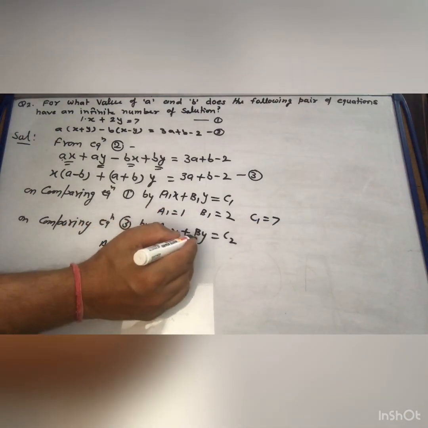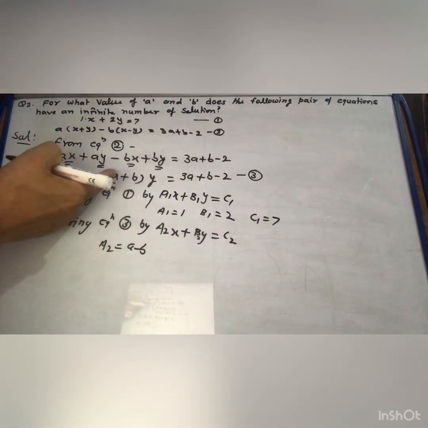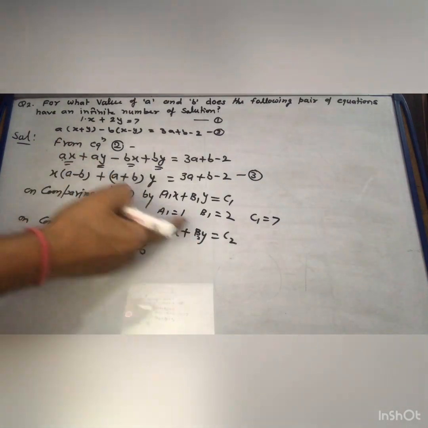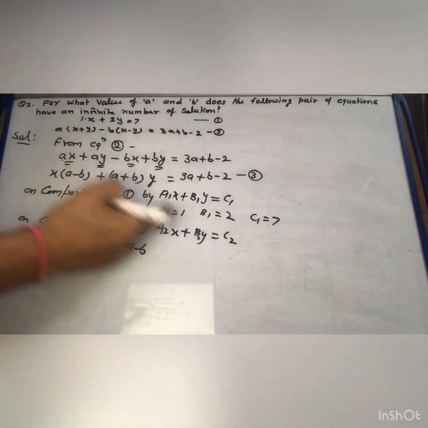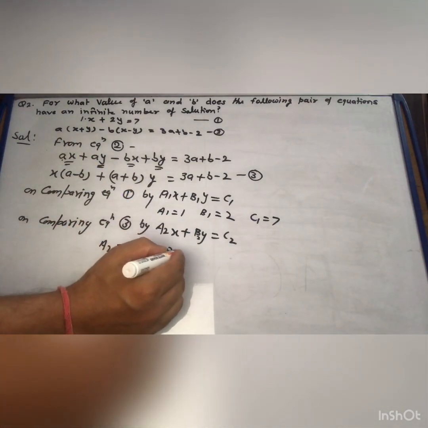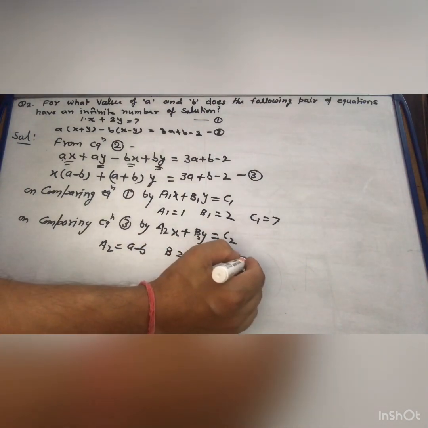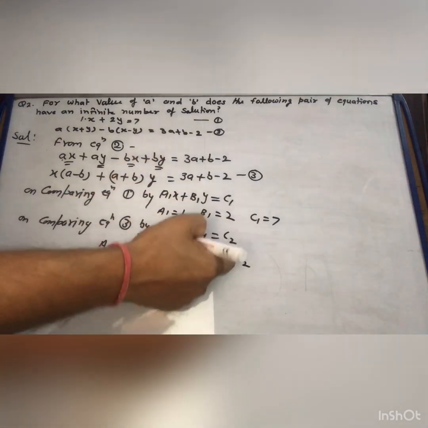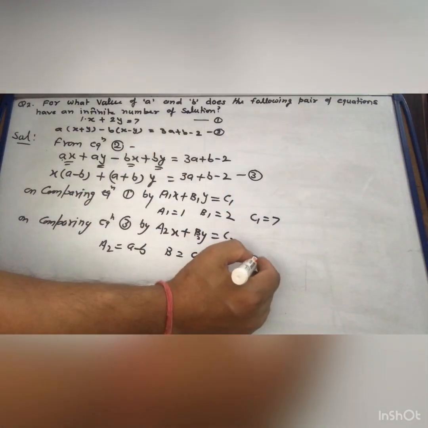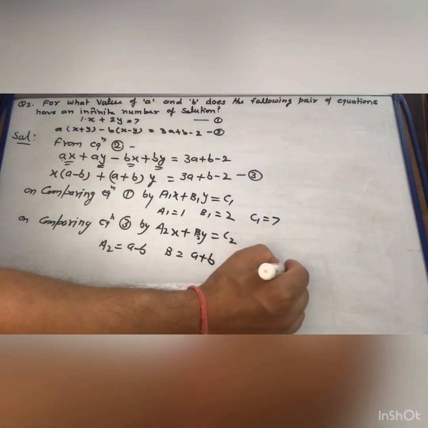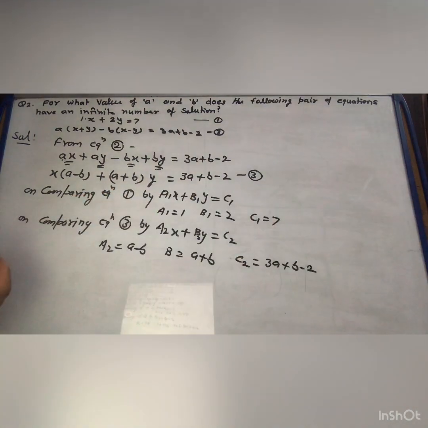And b2 means this is the coefficient of y, so b2 equal to a plus b, and c2, that is the constant term, is 3a plus b minus 2.